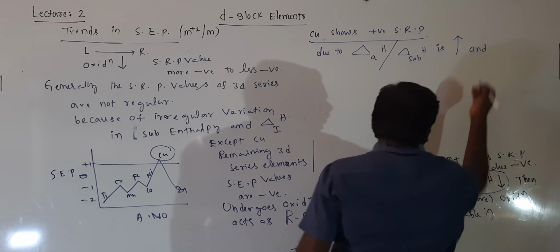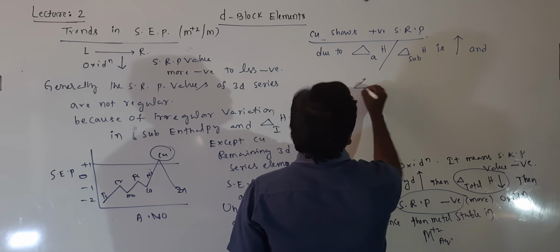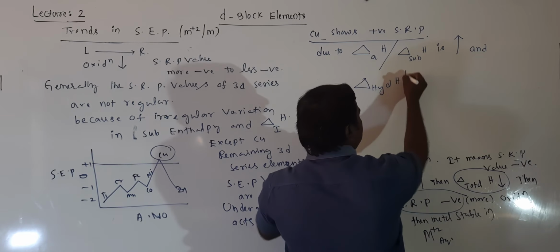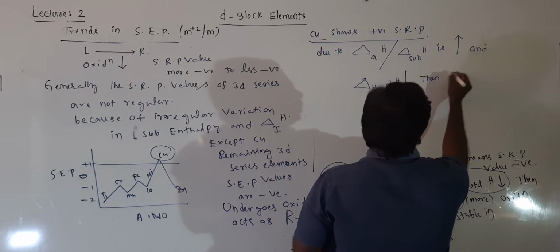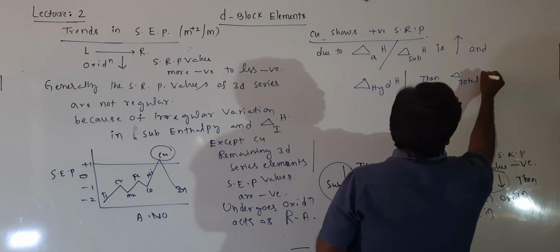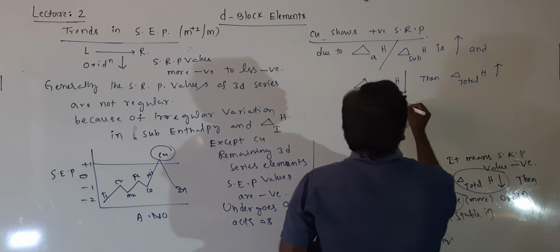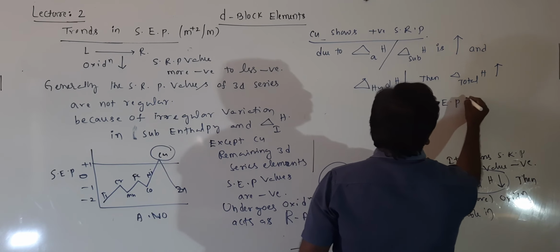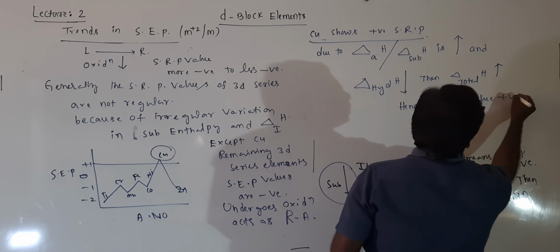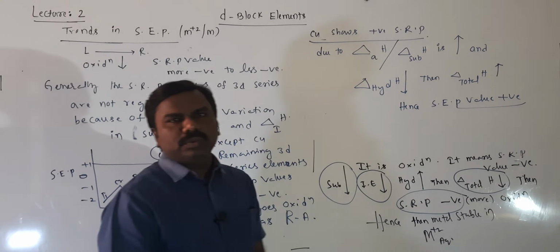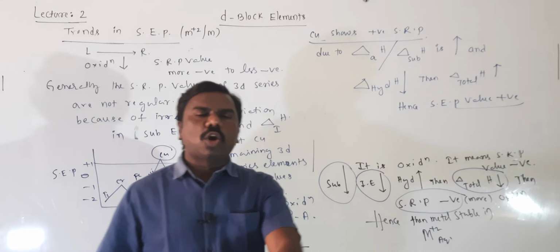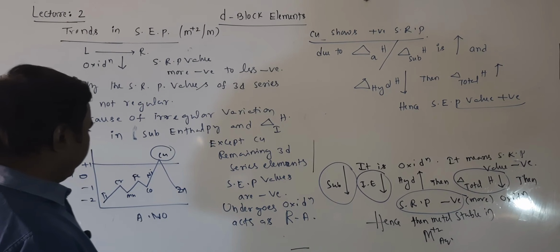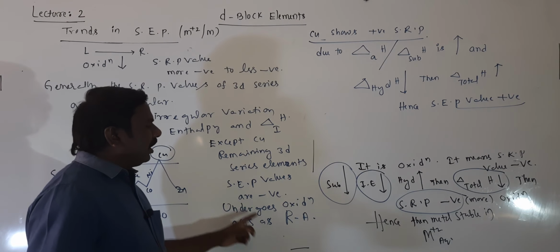The hydration enthalpy value decreases, then delta total H will increase. Hence the SEP value will be positive instead of negative. It is the reverse for copper. One mark question, very important.